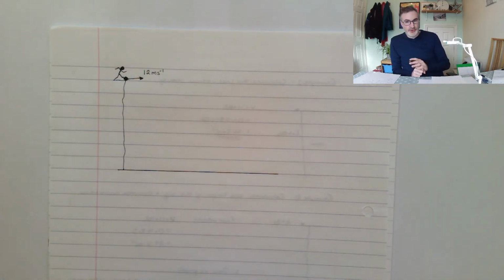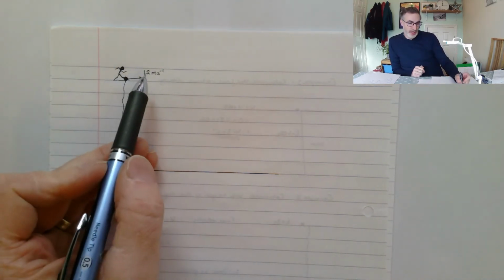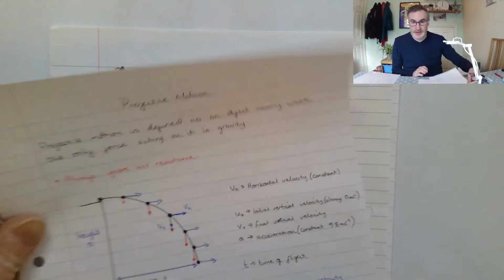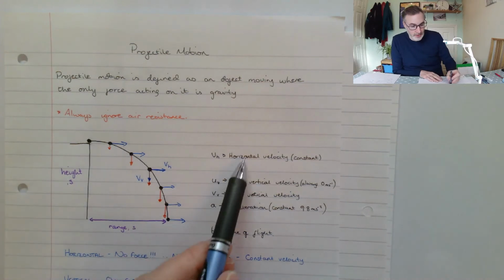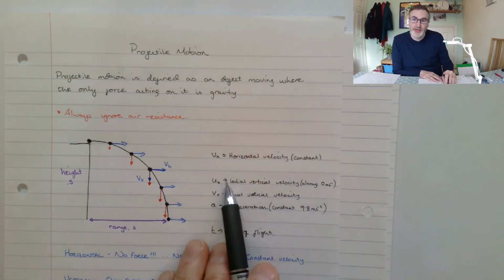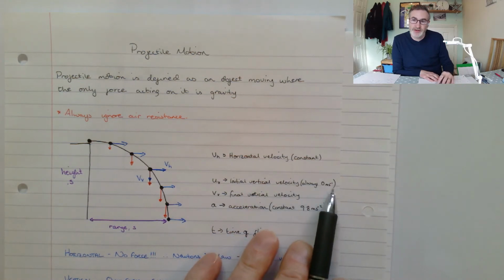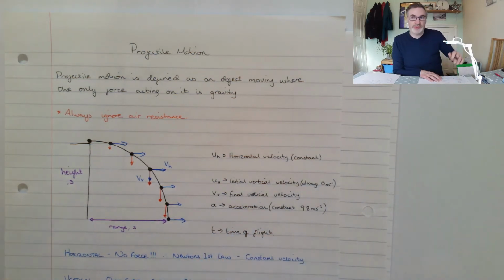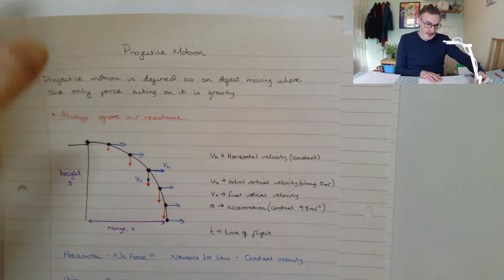Now it is so crucial that you never mix up horizontal velocity and vertical velocity. Remember, initial vertical velocity is always 0. You don't get to use 12 or any other number for vertical velocity.